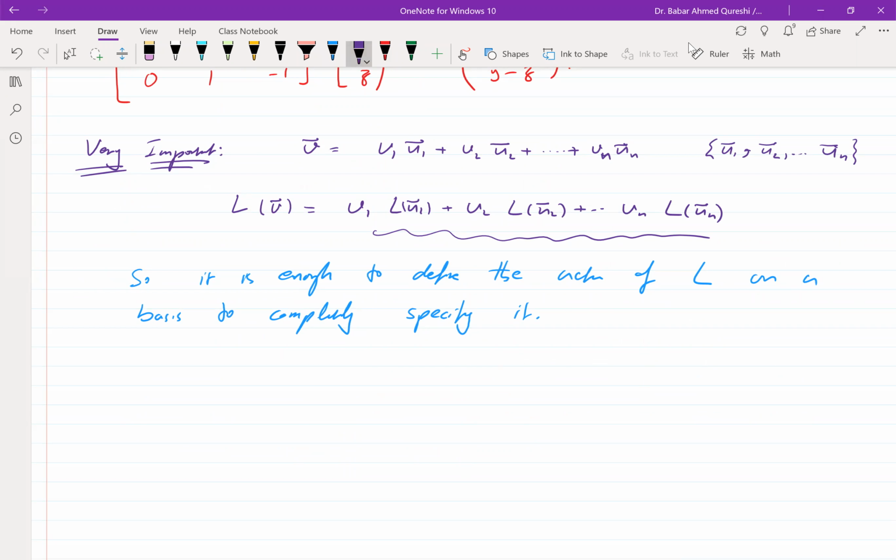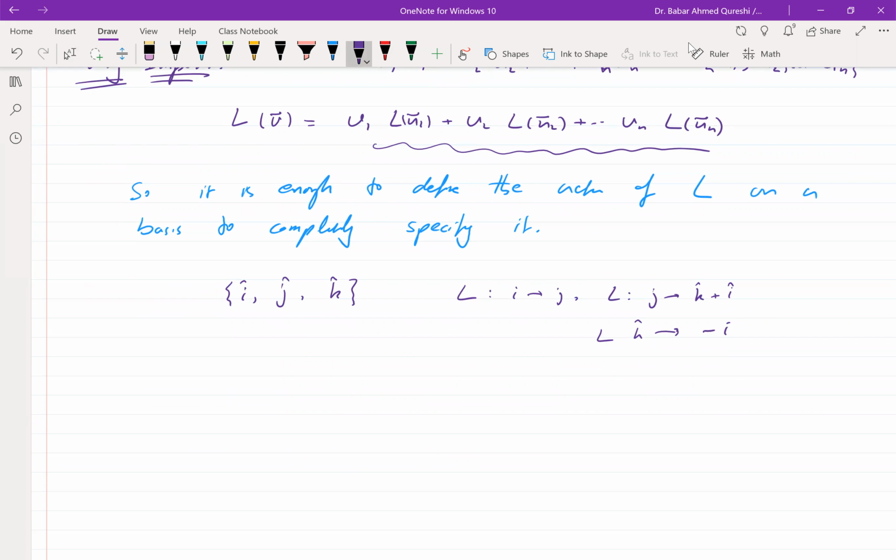So for example, if I have this basis in geometrical vectors, and I say my linear transformation takes i to j, j to k plus i, and k to minus i.